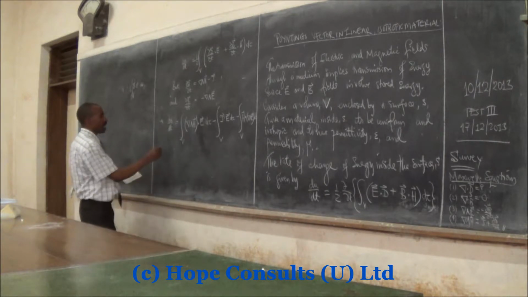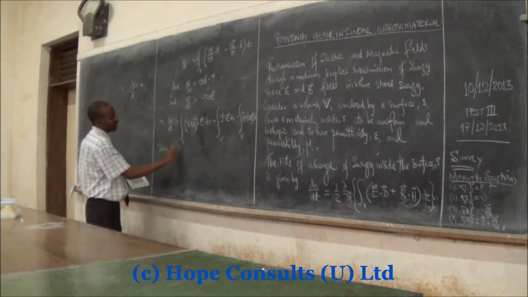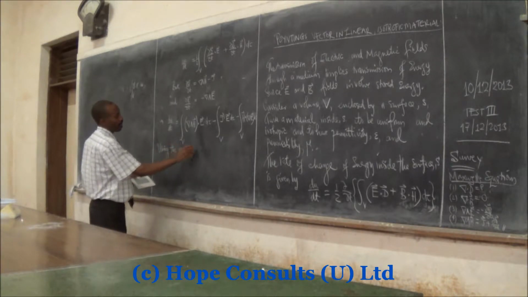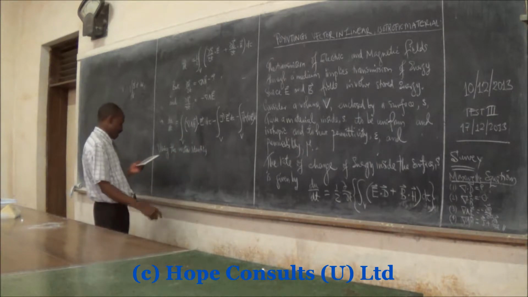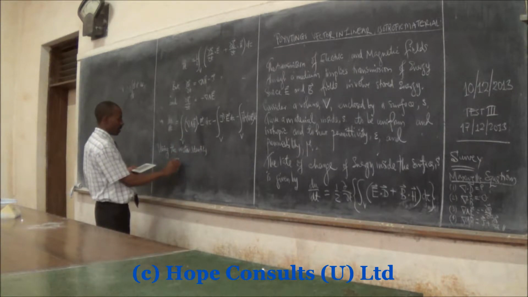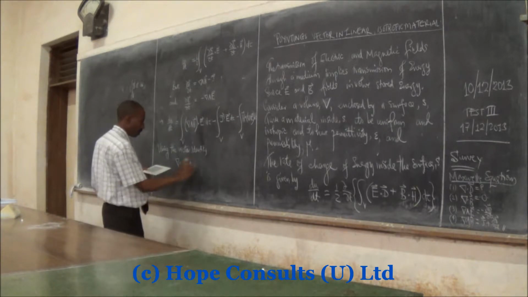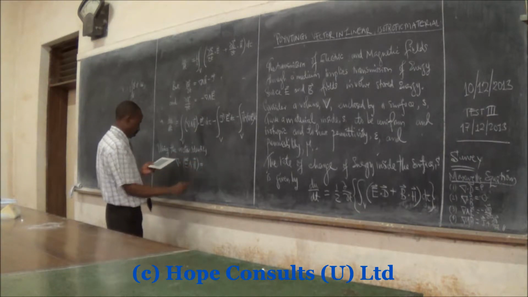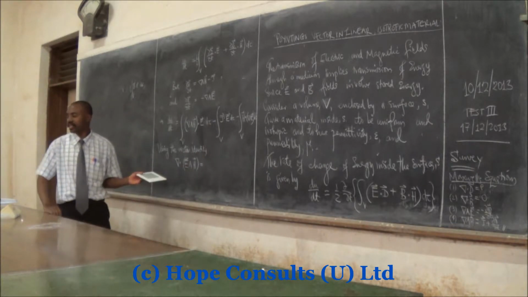So using the vector identity, that the divergence of the cross product of two vectors E cross H is equal to, anyone who can read for us this identity?